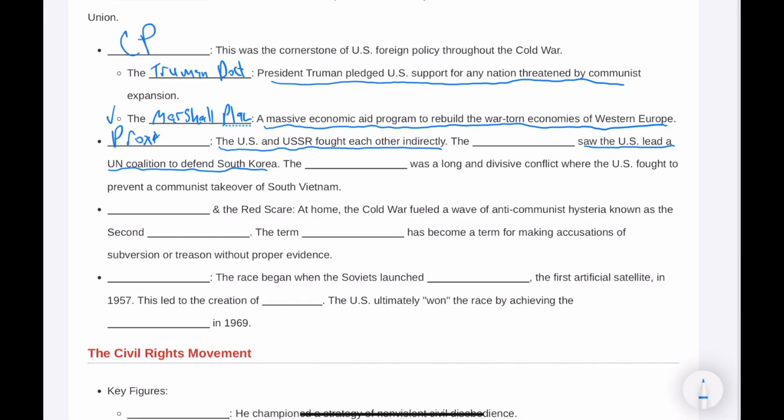And when the U.S. led a UN coalition to defend South Korea, that was the Korean War. And after the Korean War was the Vietnam War, which was a long conflict where the U.S. fought to prevent a communist takeover of South Vietnam.